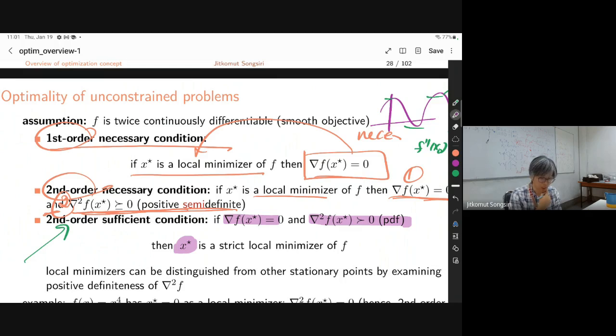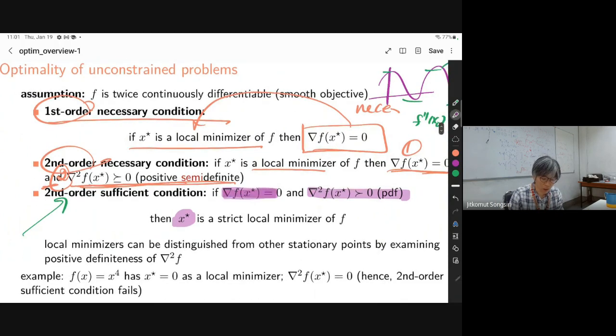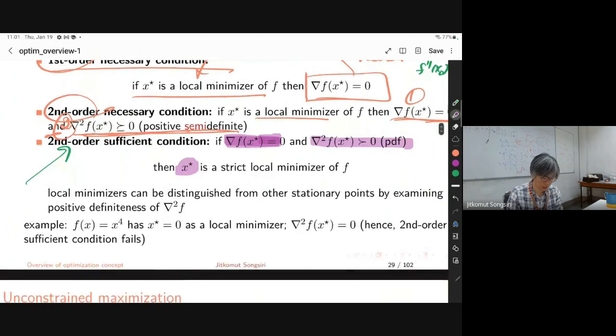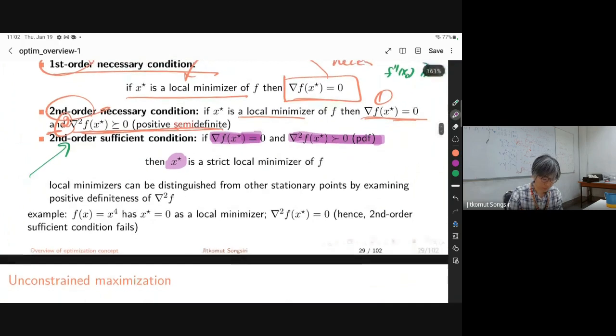Okay, so just like you have in calculus, you find all the zero gradient points. These are called stationary points. And then examine the positive definiteness of the Hessian.